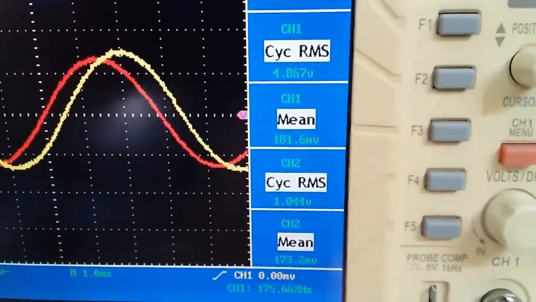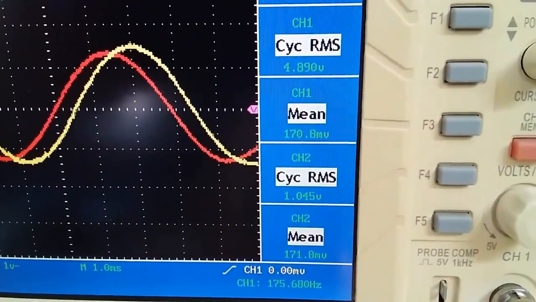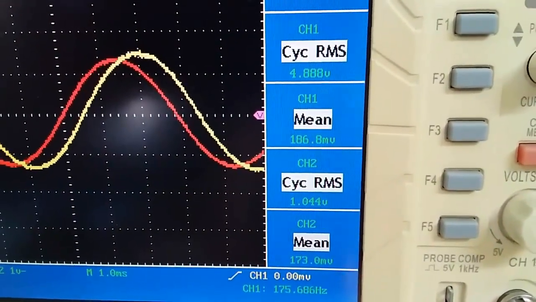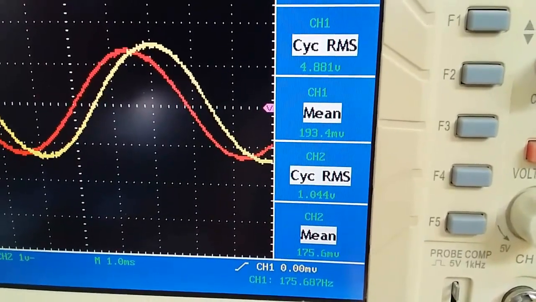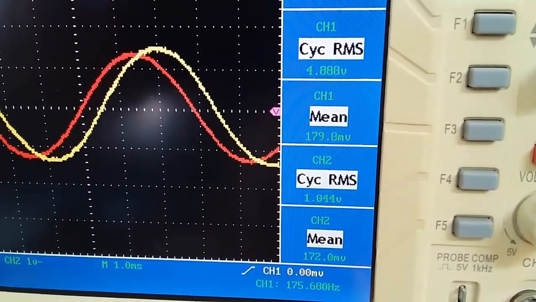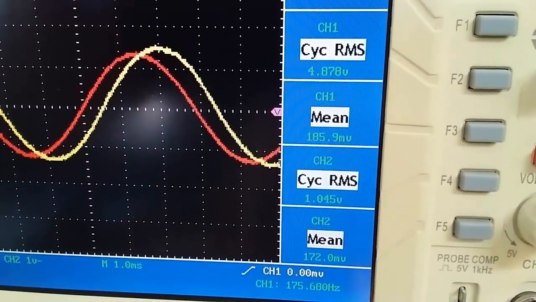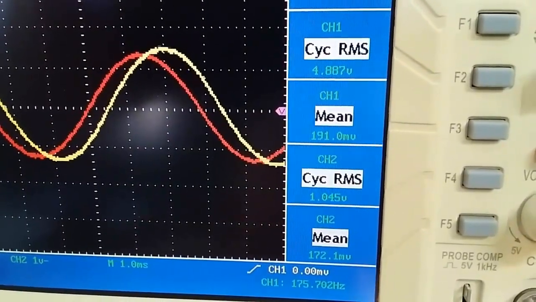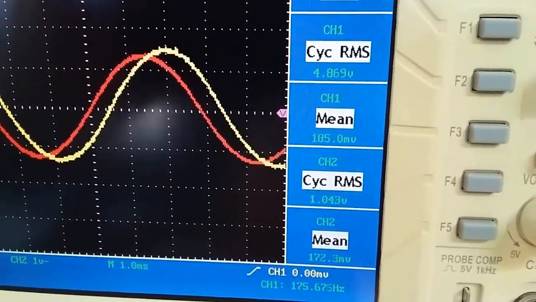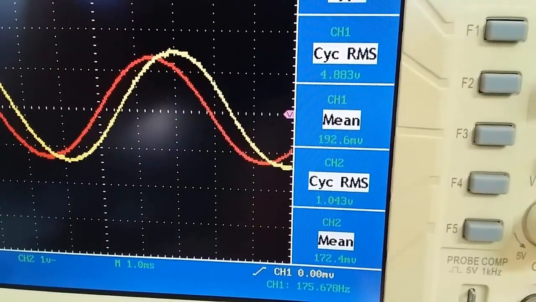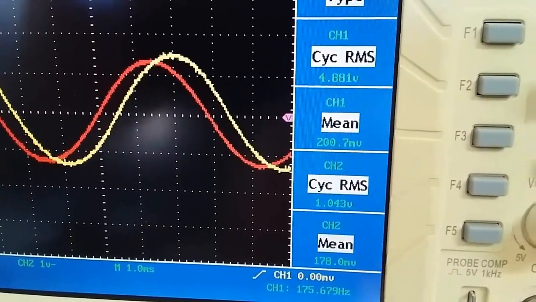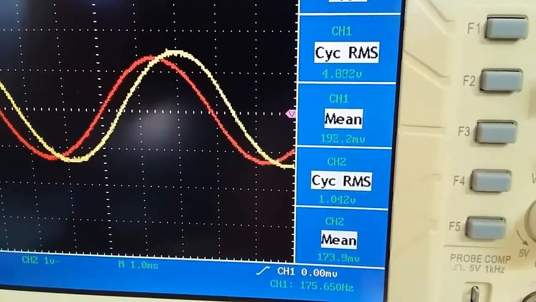So the mean that's being measured there, 192, 179, is jumping around because the scope measurement points are different every time it captures and calculates an average, a mean. So that's mean. The mean, or the average, is how much is going forward and how much is coming back.